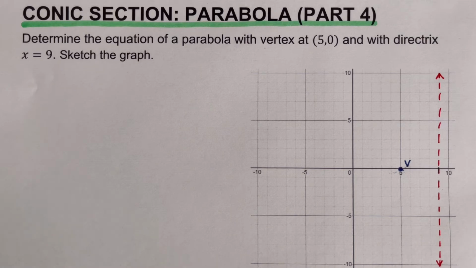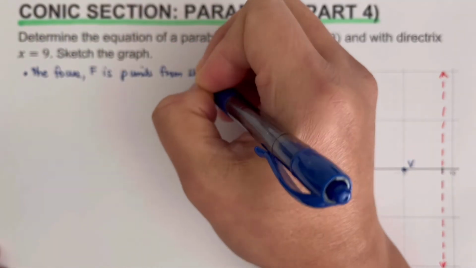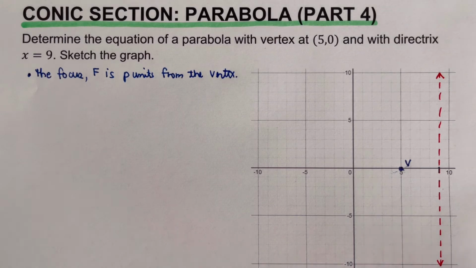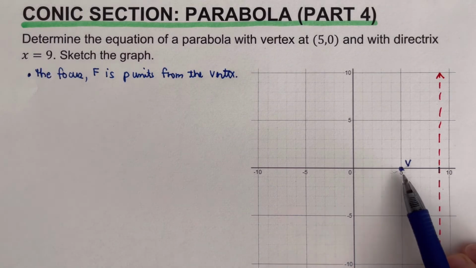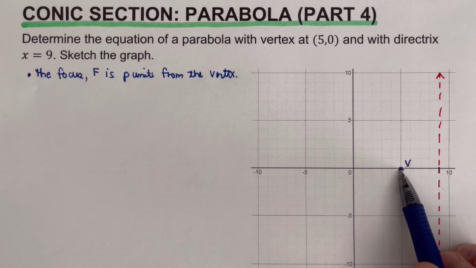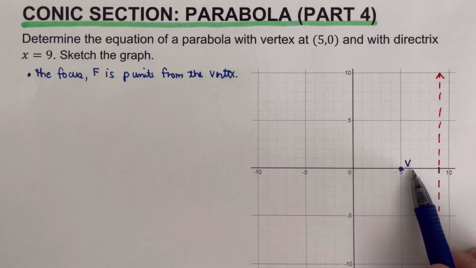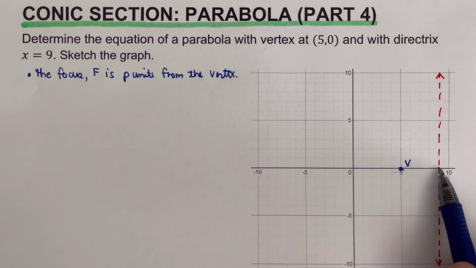We remember that the focus of every parabola is p units from the vertex. So I'm going to write the statement up here. We remember that the distance from the vertex to the directrix is the same distance from the vertex to the focus. So if we look at this value right here, that's going to be 1, 2, 3, 4.